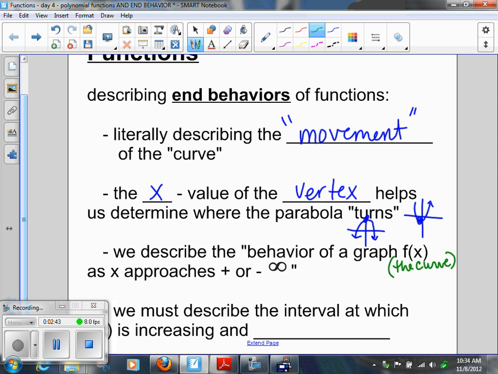And then we must describe that interval at which it is increasing or decreasing. All right, that's all well and good. Got to give you a little bit of information before we see how this works. So we're going to look at the curve, how x approaches positive or negative infinity, okay? Are we ready?